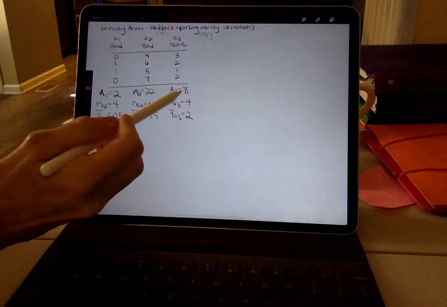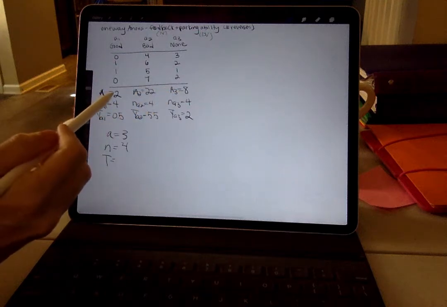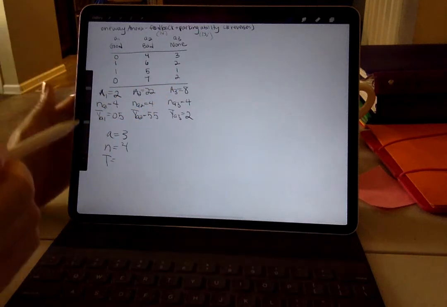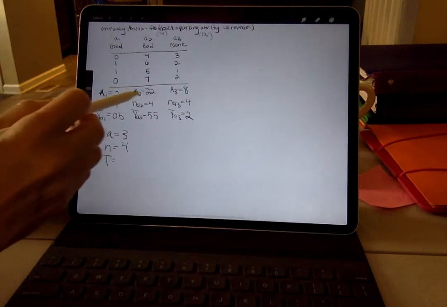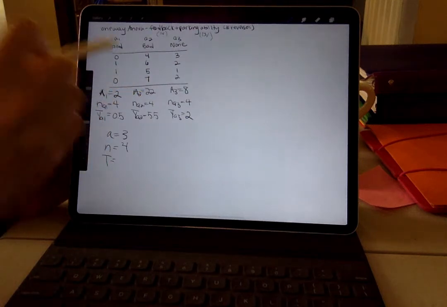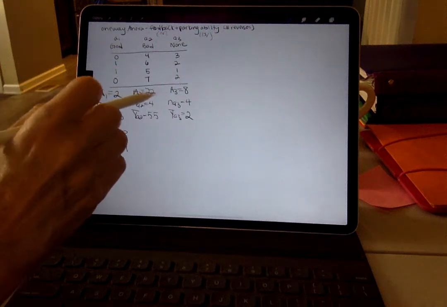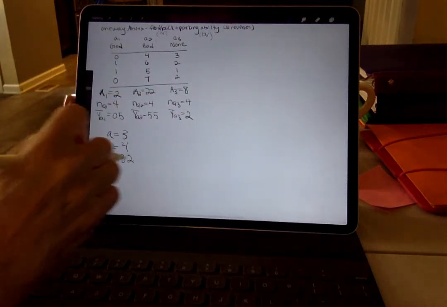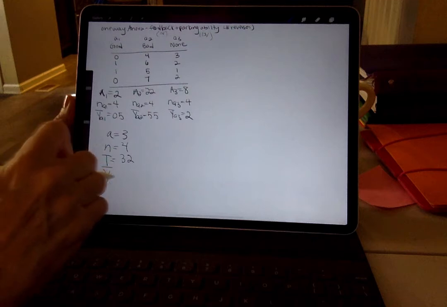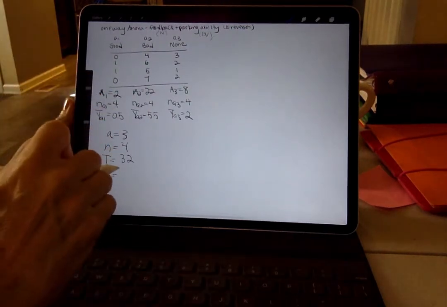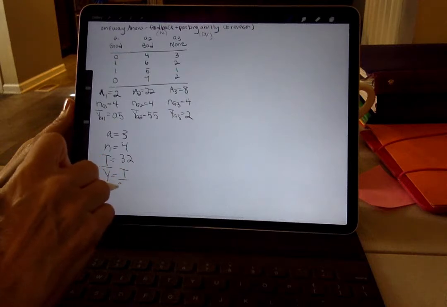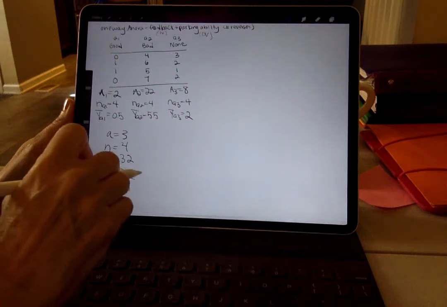If you trust your math for your column scores, we can just add 2 plus 22 plus 8. T equals 32. And then y bar T is T divided by little a times little n.